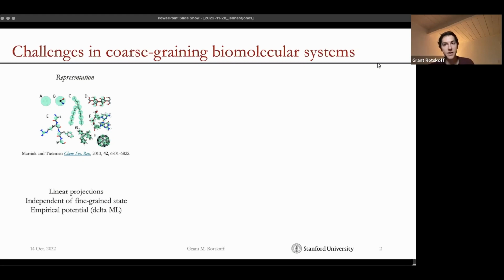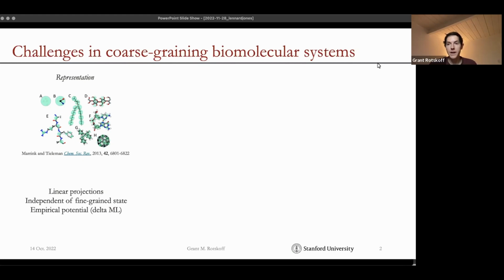Instead, a projection matrix is fixed, and that choice is a completely user-defined choice, right? It's a choice that I make at the beginning, and I say, okay, these are the atoms that I'm going to retain, or I'm going to group these clusters into specific degrees of freedom that are going to evolve together. And just to point this out, the typical approach is to use linear projections.